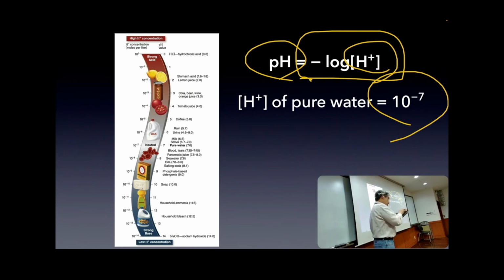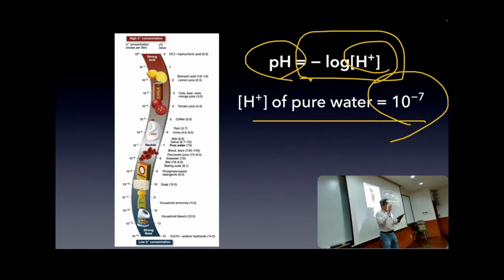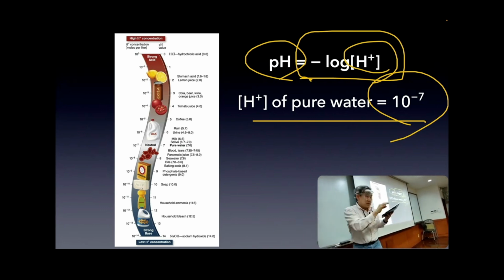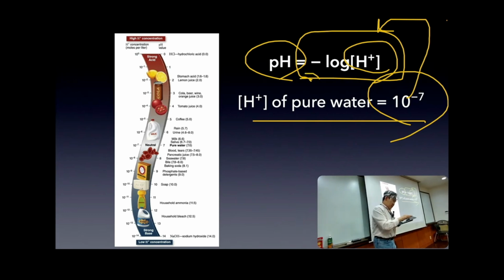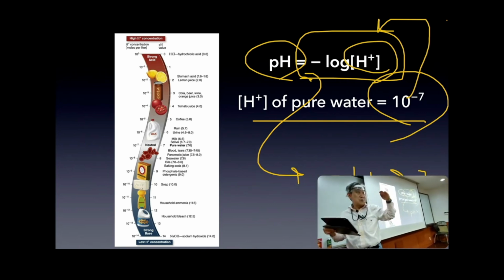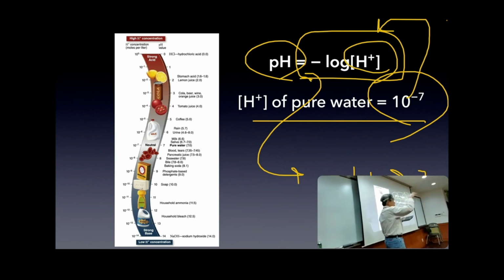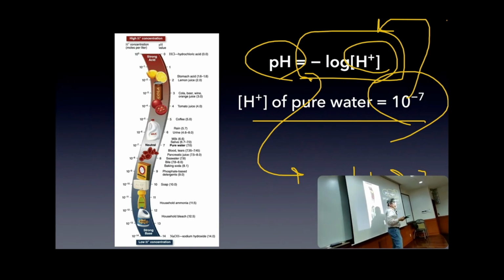Usually the hydrogen ion concentration of pure water is 10 to the minus 7. So if you plug this 10 to the minus 7 into this formula, then you get a pH of 7. That's why pH 7 is the standard for neutral. If you have more hydrogen ion concentration, because this logarithm is negative, the number gets less and less.